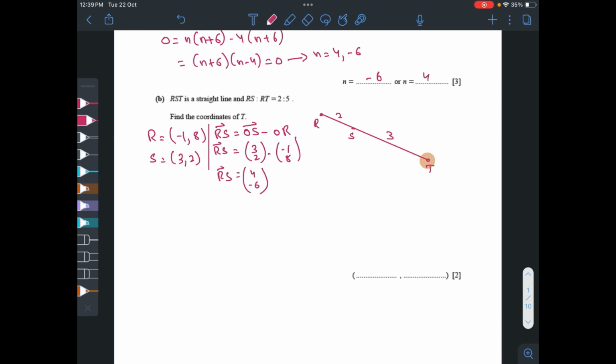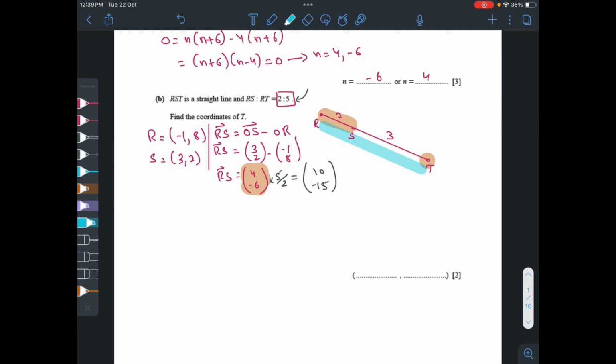Now, this ratio given to us, 2:5, means that RS is only 2 parts and RT is 5 parts. That means this vector that we've just found, (4, -6), I multiply by 5/2, both the values. 5 times 4 gives me 20, 20 divided by 2 is 10, 5 times -6 gives me -30, -30 divided by 2 is -15.